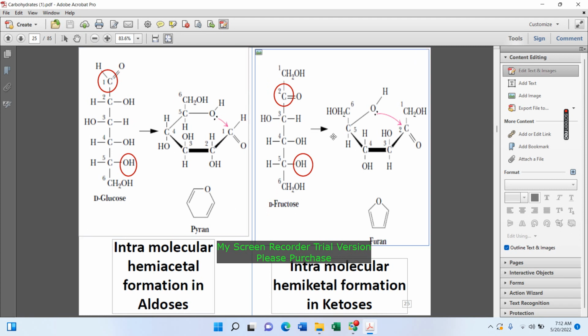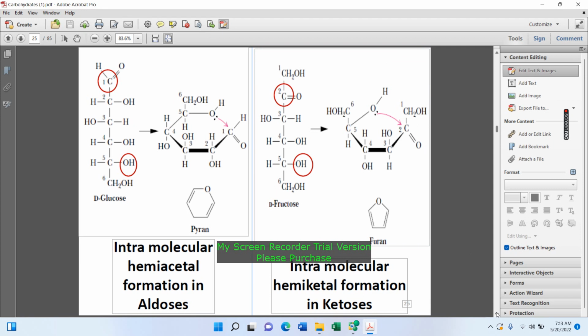The same thing happens here. The electron pair on this oxygen attacks this carbon and forms a bond. Then this double bond gets broken, the electrons are dispersed on this oxygen, and this hydrogen over here, being unstable, forms a bond with this oxygen.